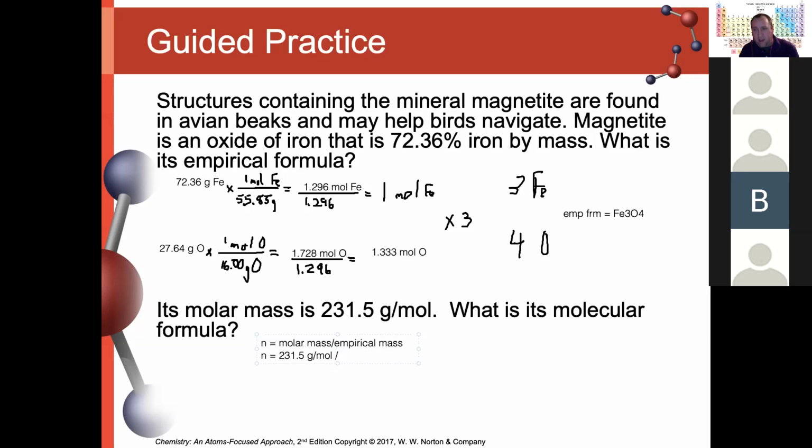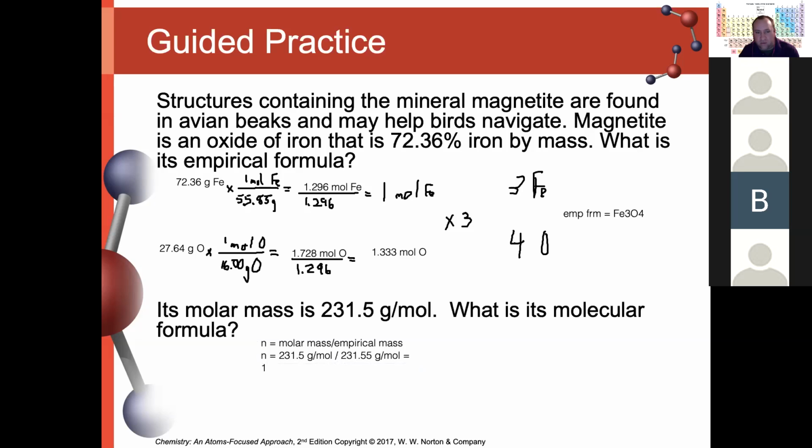Now the empirical mass, Fe3O4, 55.85 times 3 for iron, plus 16 times 4 for oxygen, gives us 231.55 grams per mole. And so in this case, we can see that these two numbers are pretty much the same. Our multiplier here is going to be 1.